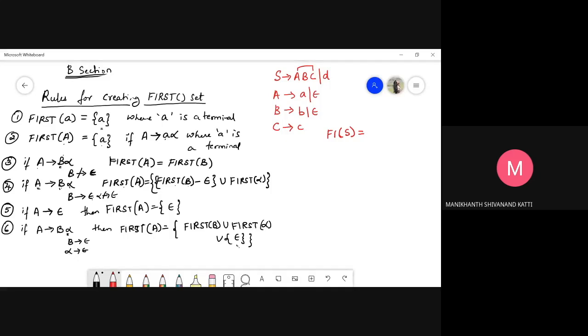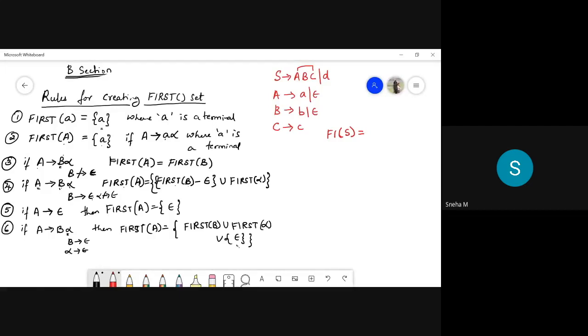So would it be okay if we eliminate the nullable productions in the grammar directly and then create the first set? No. You are not supposed to do all those things. It will complicate further, because you have several methods to remove so many things from the grammar, but the time is wasted there. So we will put in minimum effort on the grammar.